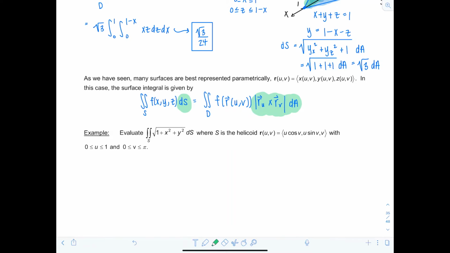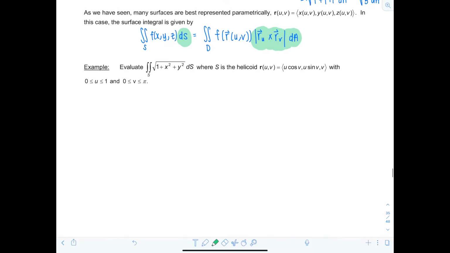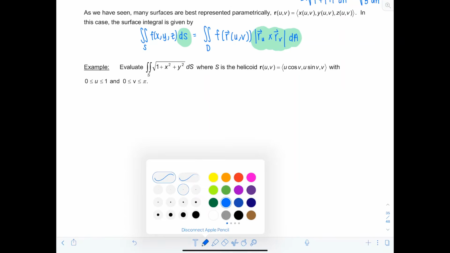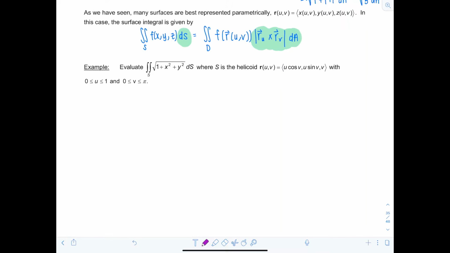Okay, so let's look at an example here where our surface is defined parametrically. Evaluate the surface integral of rad of 1 plus x squared plus y squared dS, where S is the helicoid r of u, v defined with components u cosine v, u sine v, and v. We already dealt with this one, right? Do you remember? And they gave us the limits on u and v, so it's pretty straightforward to set up. I just have to figure out what those partials are and take their cross products. So the partial of r with respect to u is going to have components cosine of v, sine of v, and 0.